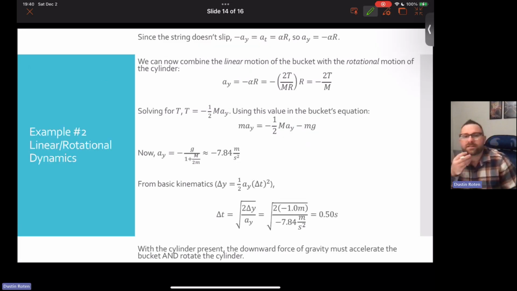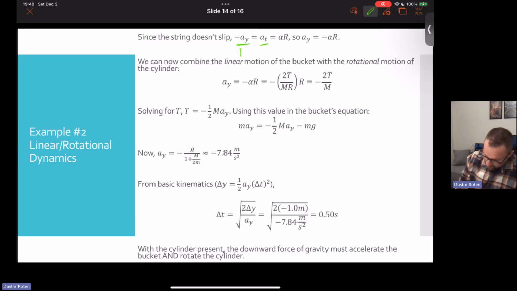Okay, now since the string doesn't slip, we're back to the linear part again. Since the string doesn't slip, we know that this linear acceleration downward is negative, because it is pointing down in the y direction, and it's going to equal the tangential acceleration.